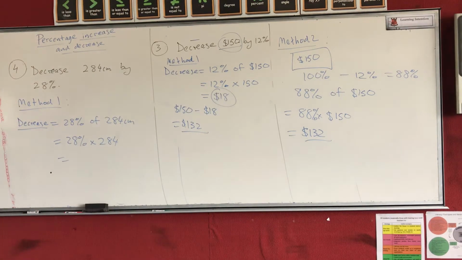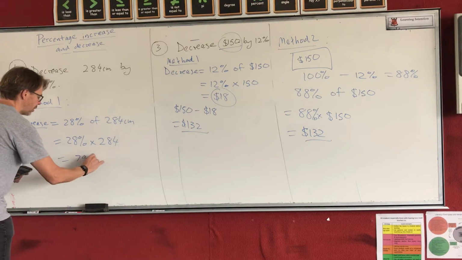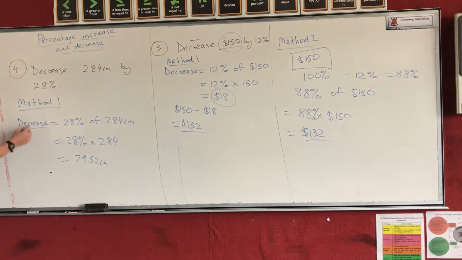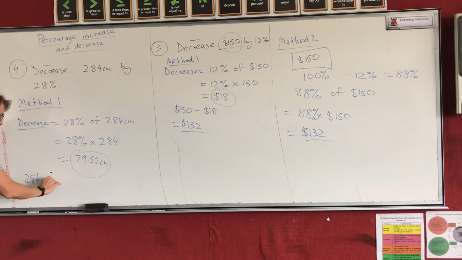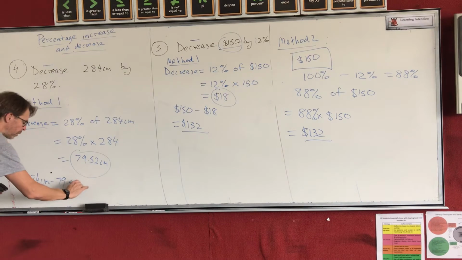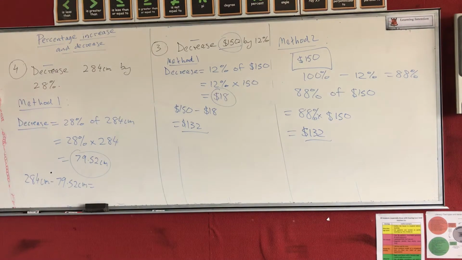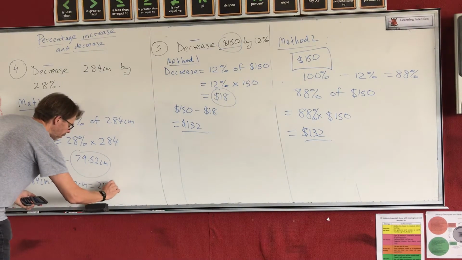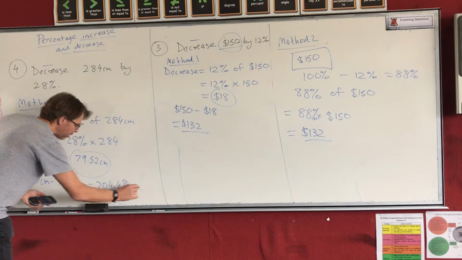Now put that into your calculator and see what you get. 28% times 284 equals 79.52 centimetres. Alright, and you're going to subtract, because decrease means minus, 79.52 centimetres from 284. So 284 centimetres minus 79.52 centimetres equals, let's work it out, 204.48 centimetres. There we go.